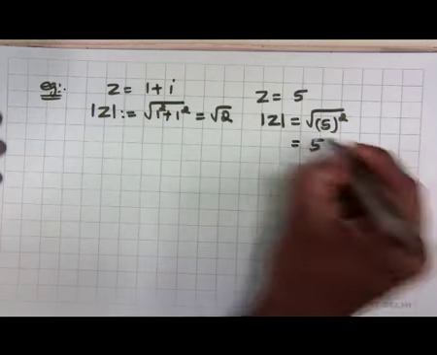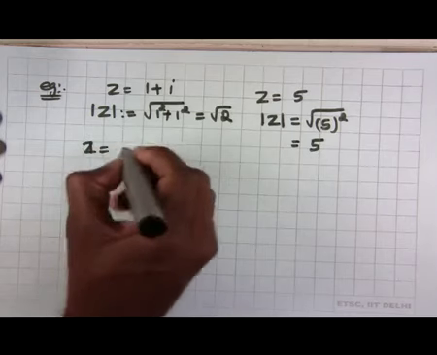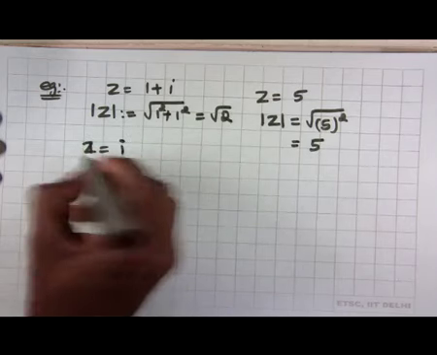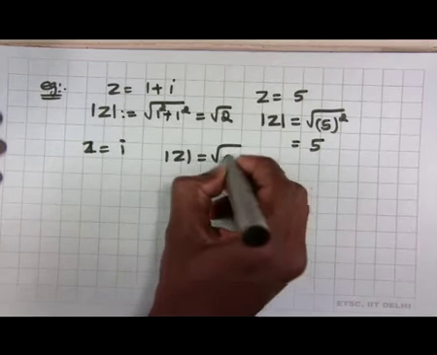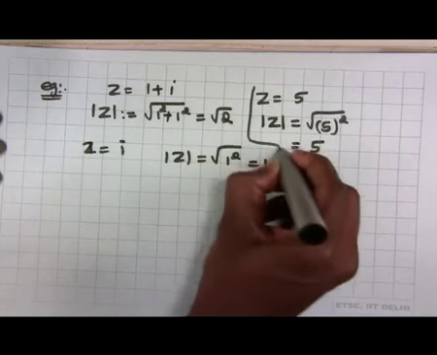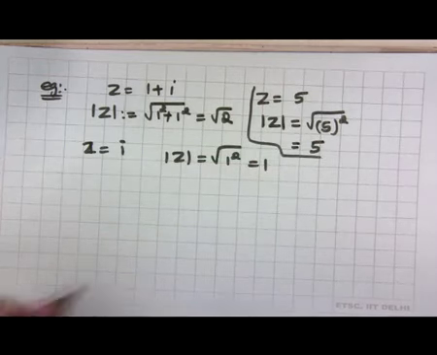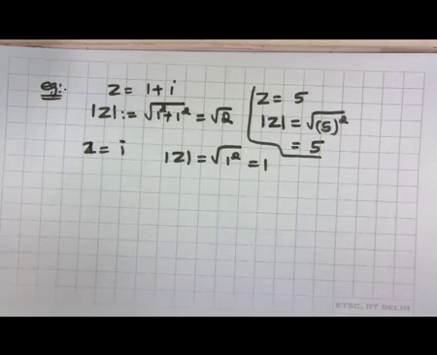And if z equals i, mod z is square root of 1 square, which is 1. With these simple examples, let us see some properties of the modulus function.